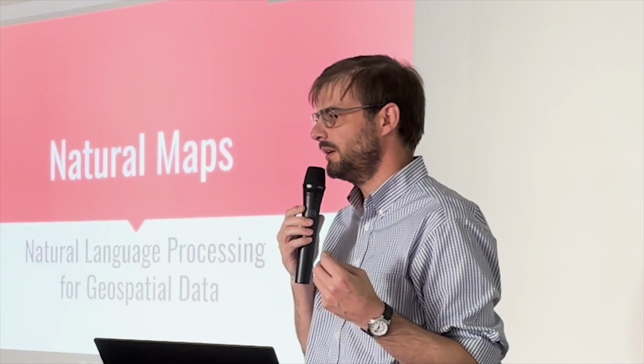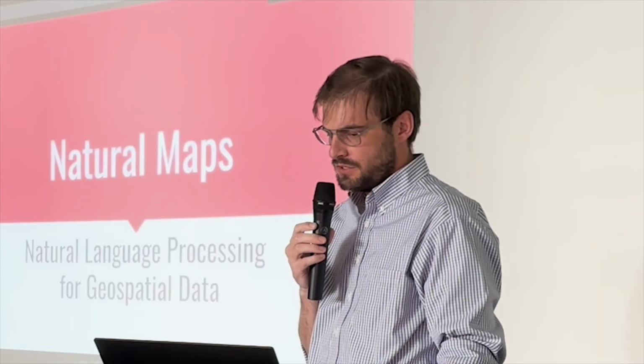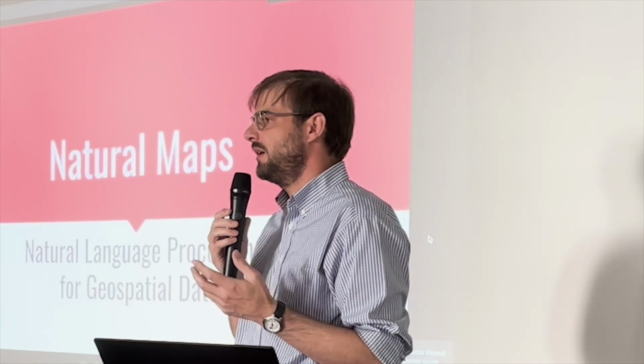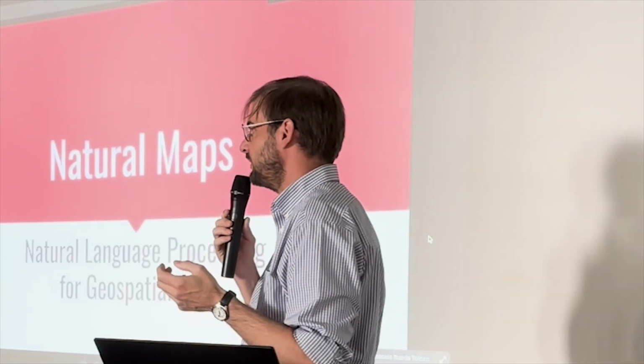Geographical information systems have been around for a long time, but they're difficult to use and difficult to learn, as is the interface. So with bringing these together, recently the large language models have been developed, like ChatGPT, and not only are they good at creating human language, but they're also good at creating computer code.